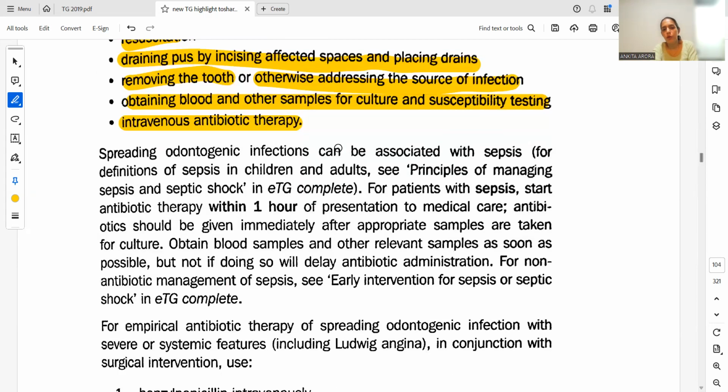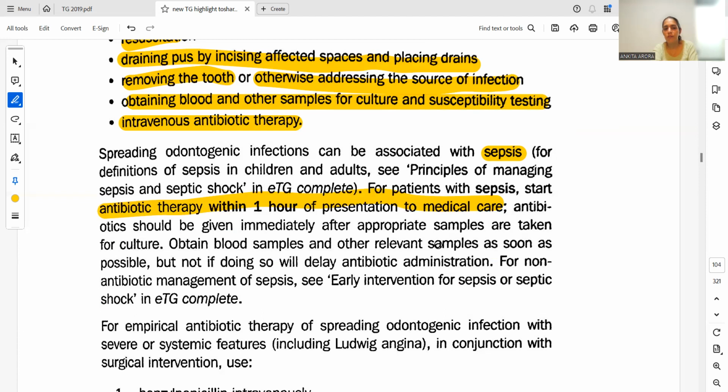Now, spreading odontogenic infections can be associated with sepsis. And sepsis means the whole body gets into sepsis and can even result in shock, septic shock, which we say. For patients with sepsis, start antibiotic therapy within 1 hour of presentation to medical care.